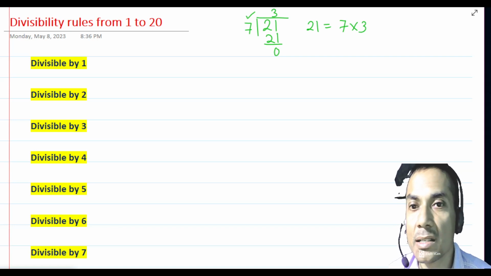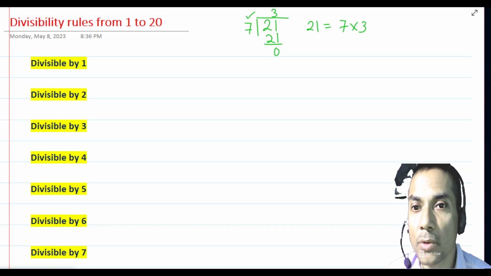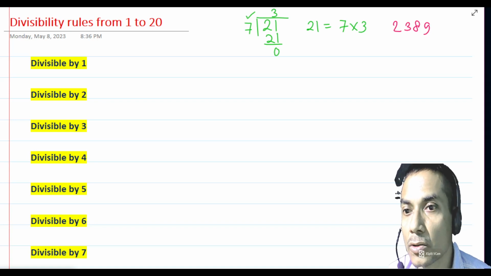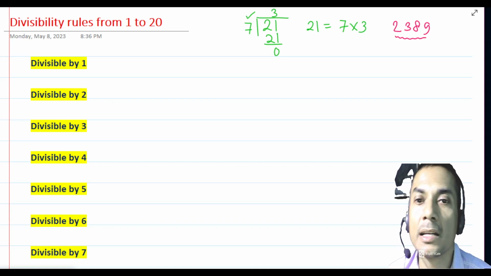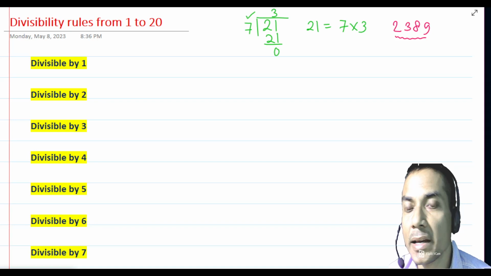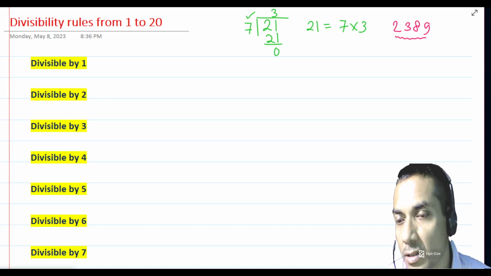But if the number is large, for example, can you tell me whether 2389 is divisible by 3 or not? For this kind of thing, when the number is very large, we can easily find out by applying the divisibility rule whether it is divisible by any particular number or not. Clear?